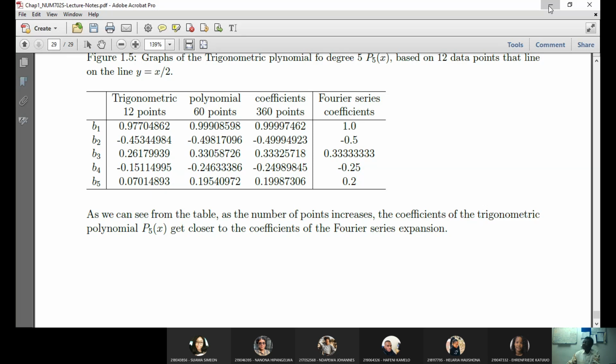Okay, I don't see it here. But in the meantime, if there's a question you can ask, I'm trying to locate where.